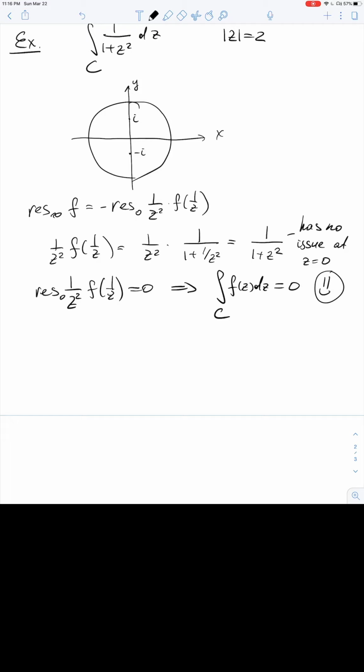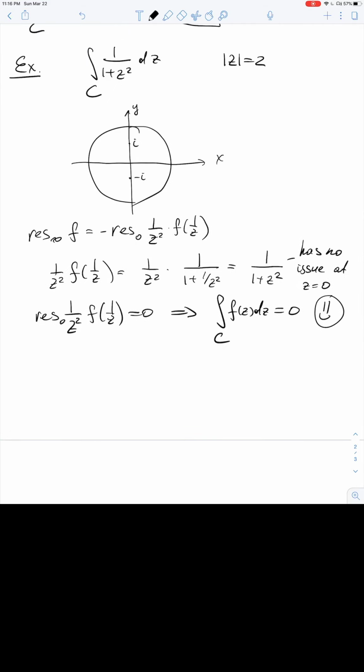Now, if you're curious, you can actually compute the residue at i and at minus i, and you'll see that these residues are actually not zeros, but one is equal to minus the other, and so when we add them, they'll cancel out and we'll get 0.